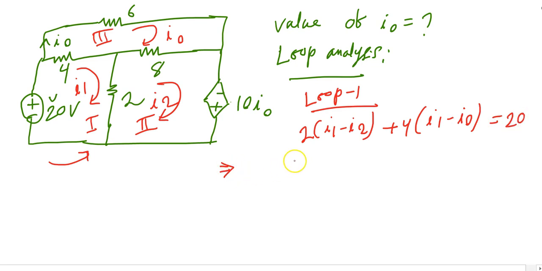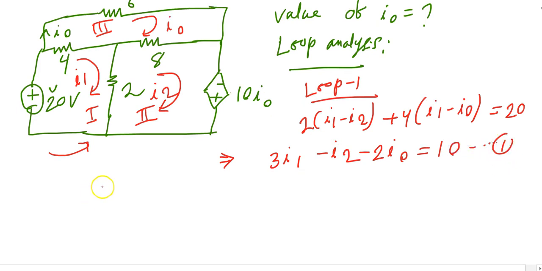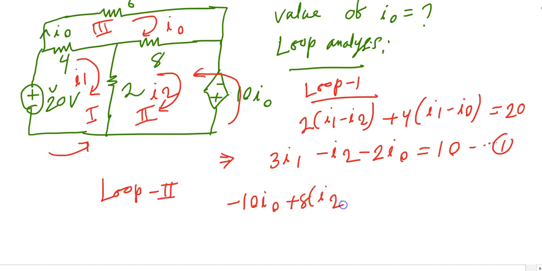Rearrange this, you will get 3 I1 minus I2 minus I0 equal to 10. Let it be equation 1. Go to loop 2. You traverse this way. So minus 10 I0 plus 8 I2 minus I0.